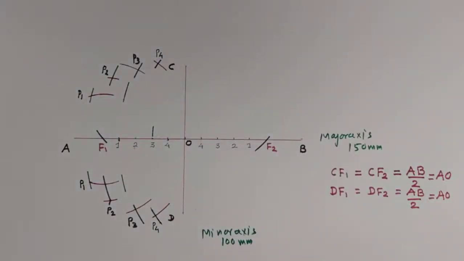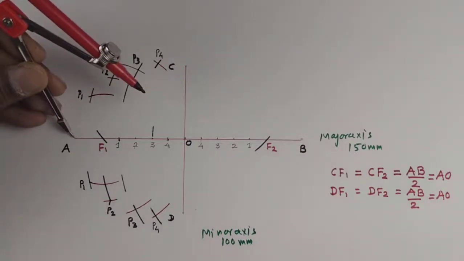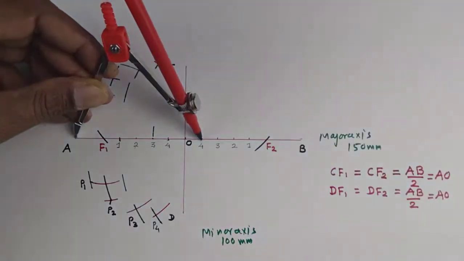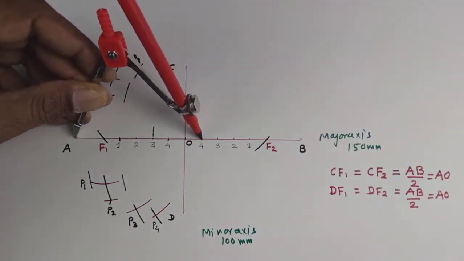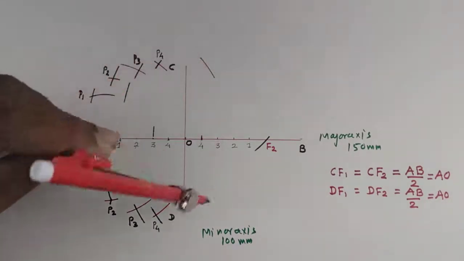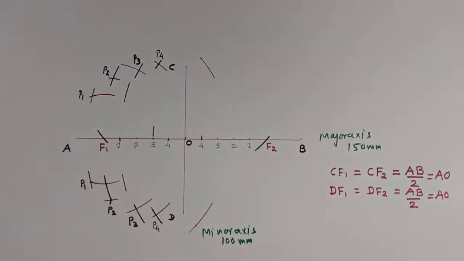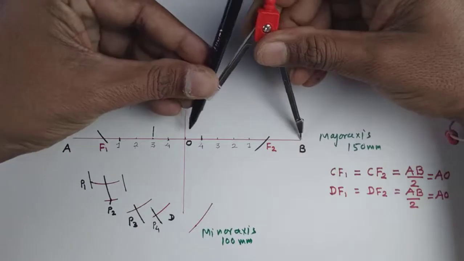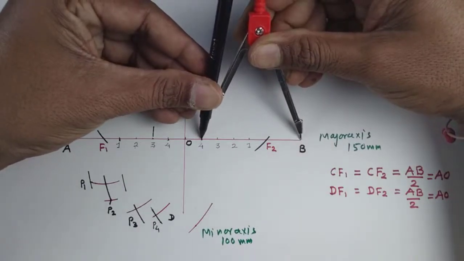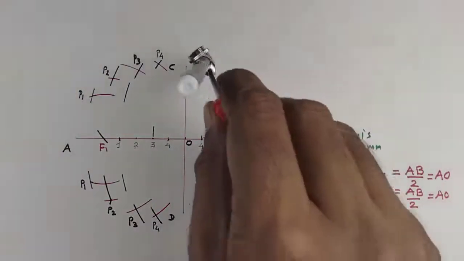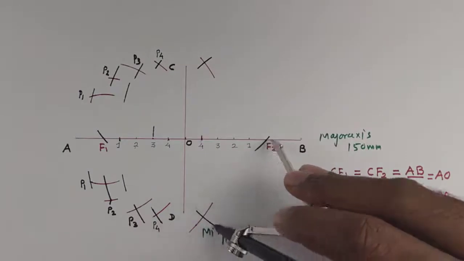Continue your process in the other direction. A2, this 4 point, it is a distance, it is a radius. Same F1, it is a center. I draw the arc. Whenever I measure the distance from B to this 4 point, that time F2 become the center, I draw the arc.